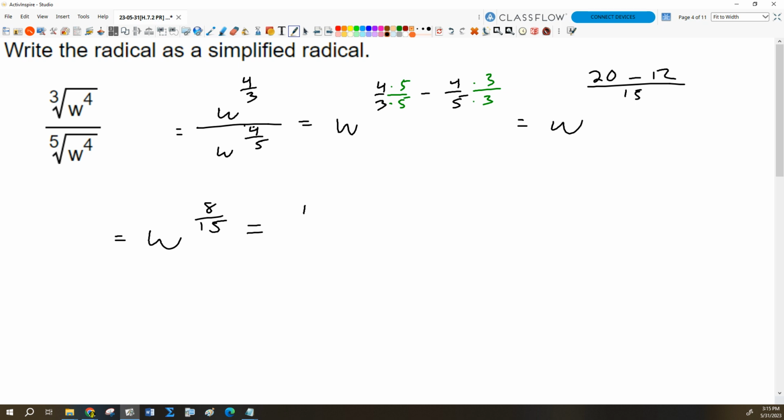I want to write that as a radical. Okay, so we'd say the 15th root of W to the 8th. Yes, you're right. Okay, good job. You got it.